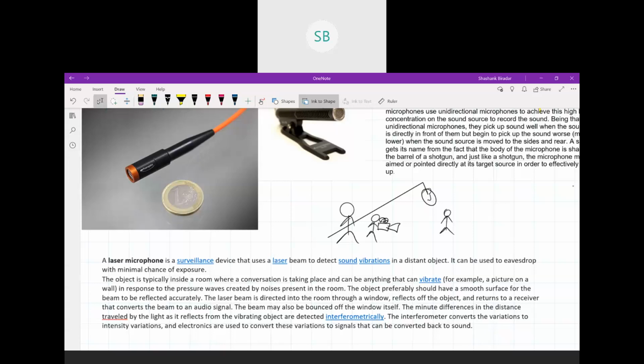The laser beam is incident on the glass window or any other similar plane of glass near the sound source. The reflected laser is incident on the photocell or photodiode, which is acting as a detector, and the output of the photocell is applied to an amplifier and loudspeaker to amplify the sound.